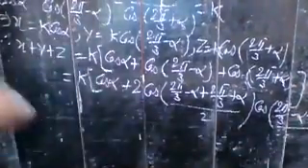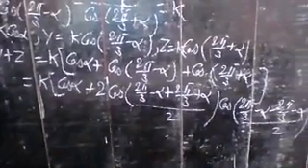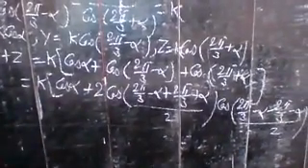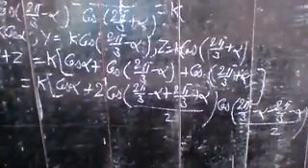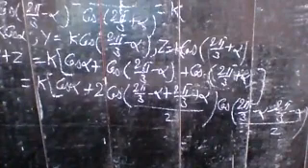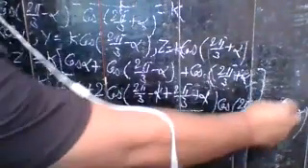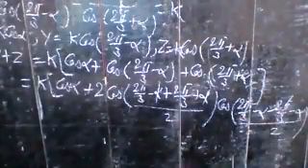Close the bracket. Just write it in this way. Now see here, alpha and alpha cancel out, and 2 pi by 3 and 2 pi by 3 cancel out.